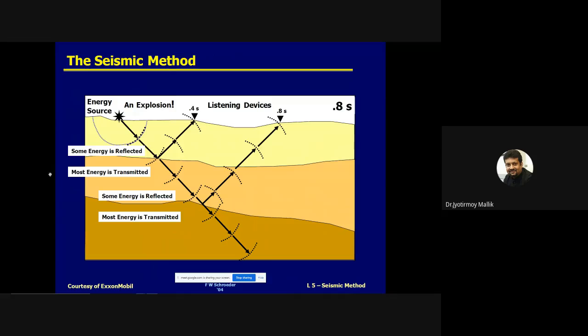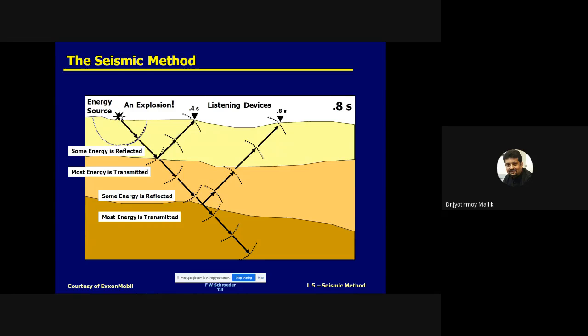So this is the basic concept that would clear what happens in reflection seismology. Now, this is the energy source. So you can think this one to be analogous to the focus of an earthquake. So there is an explosion. So the explosion can be done in different ways.